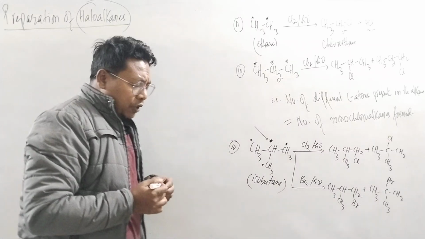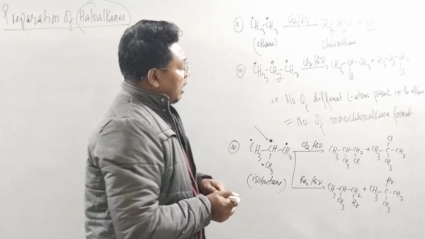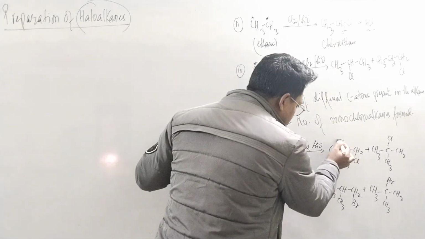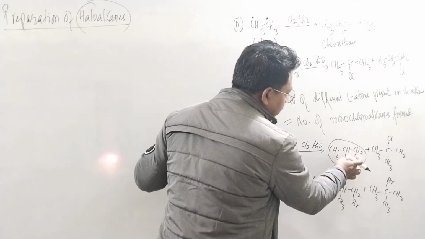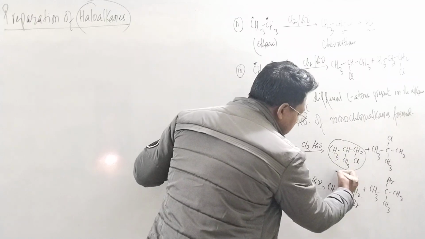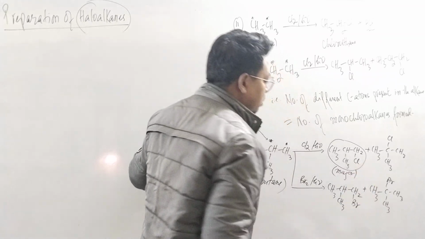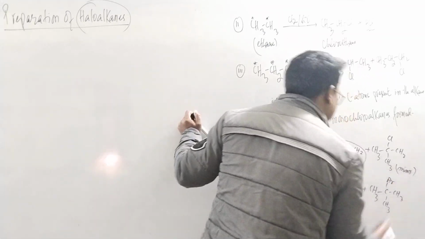Now the important point here in these two reactions is in chlorination, this product which is obtained by substitution to the primary carbon atom is major product. This is major product and this is minor product. Major, minor means what?